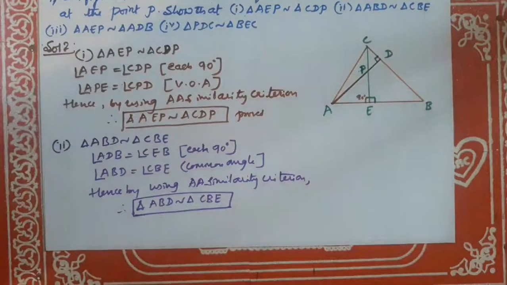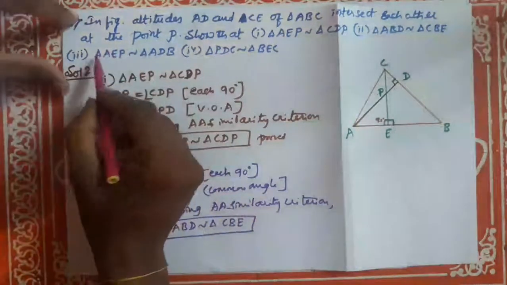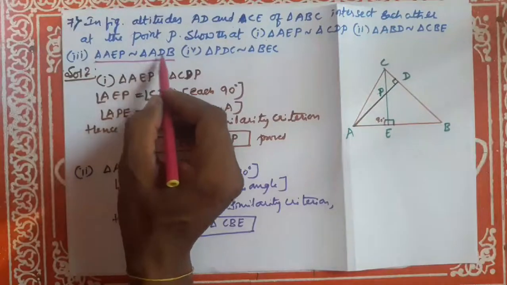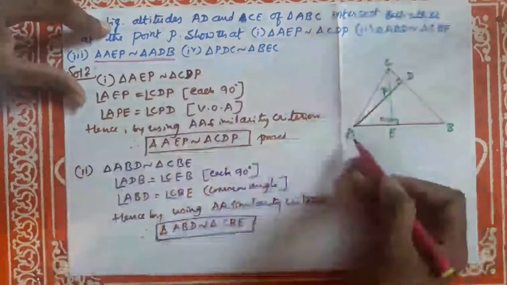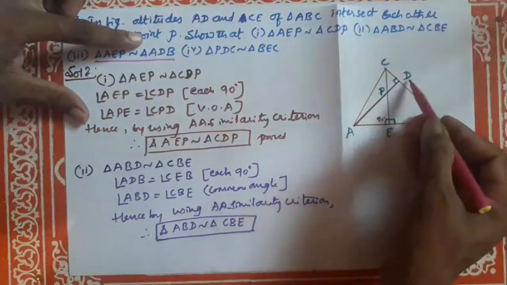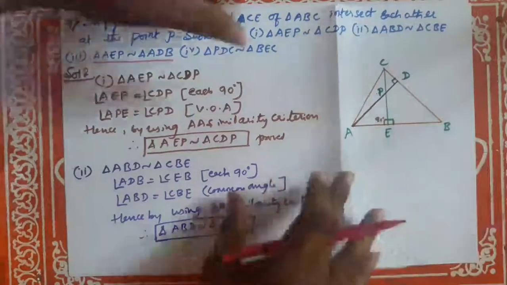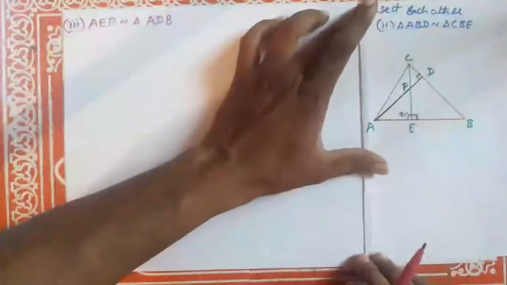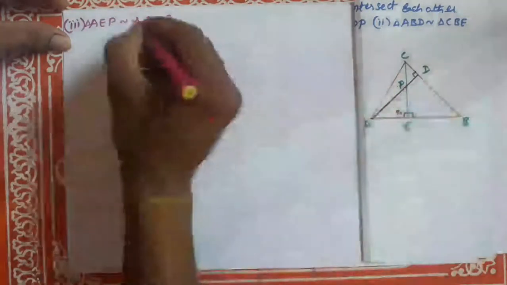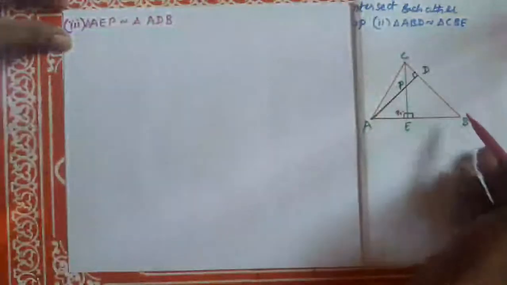Now the third one. We need to prove that triangle AEP is similar to triangle ADB.